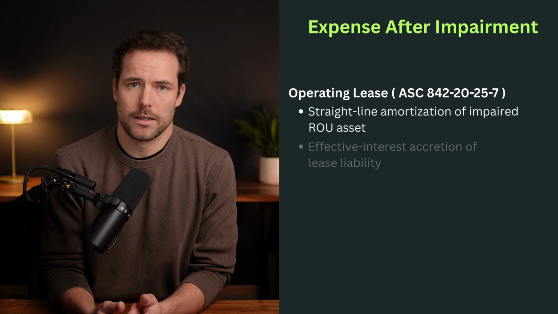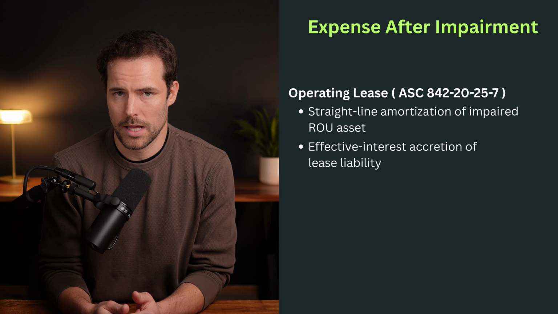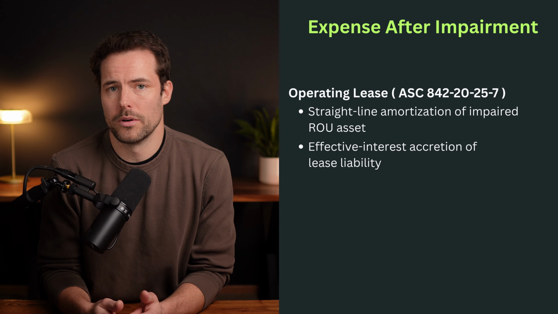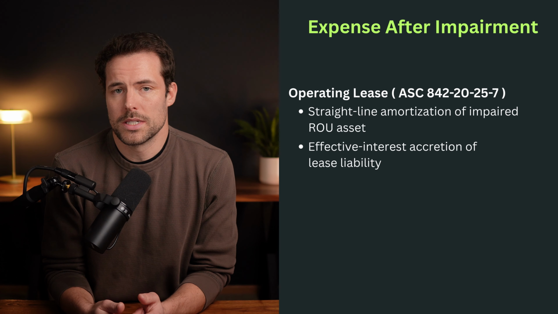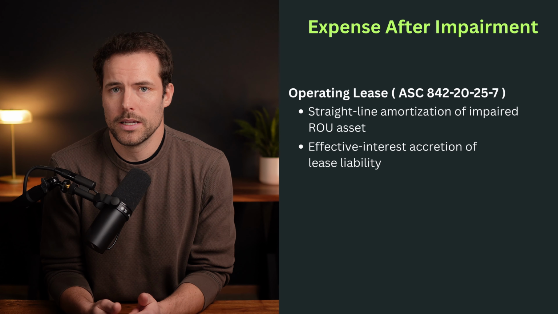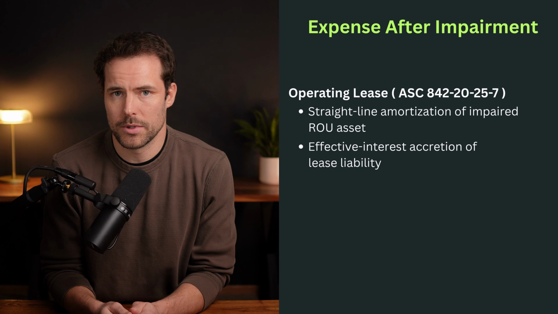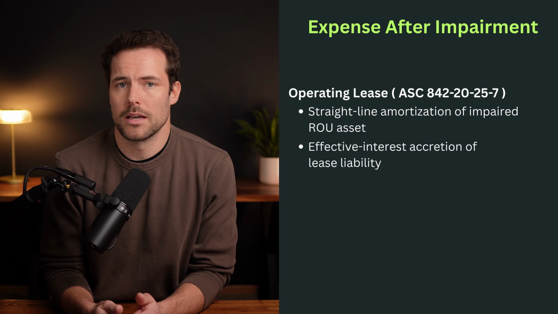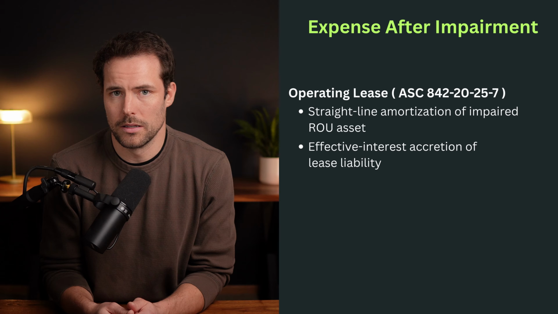Second, we recognize interest on the lease liability using the effective interest method, producing a constant periodic discount rate over the remaining lease term. So in simple terms, once an operating lease right-of-use asset is impaired, our operating lease expense is calculated as the combination of straight-line amortization of the right-of-use asset and the interest expense calculated on the lease liability using the effective interest method.